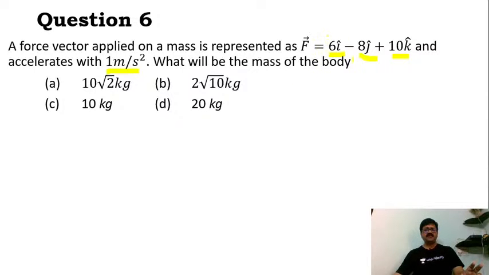We'll calculate the magnitude of force F, then divide it by acceleration, and we'll get the mass. It is that simple. Firstly, I'll recall the given value of force, 6I cap minus 8J cap plus 10K cap. Then M is equal to F by A because F is equal to MA.